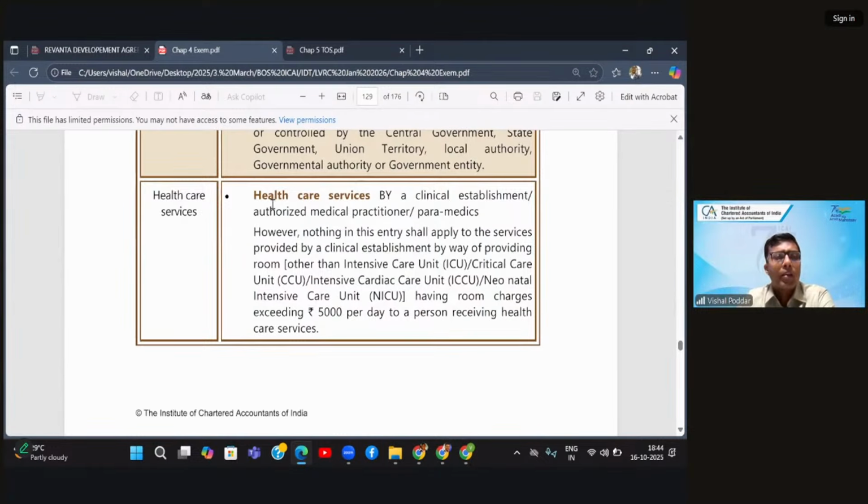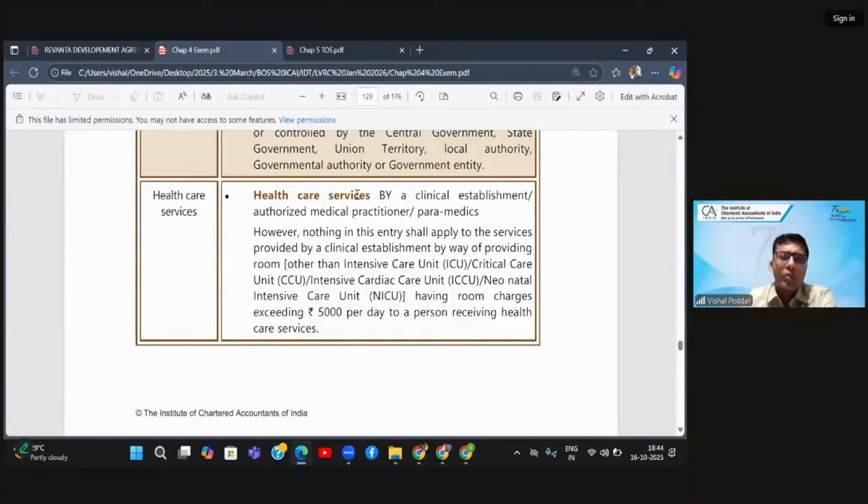Now, within healthcare, when you get admitted to a hospital for some treatment, everything which is charged by the hospital is a composite supply of healthcare service. So not only the treatment charges, but the room charges, the nursing staff charges, the food charges, if some clothes are given the charges for that, the cleanliness charges, everything which is charged in the bill is exempt.